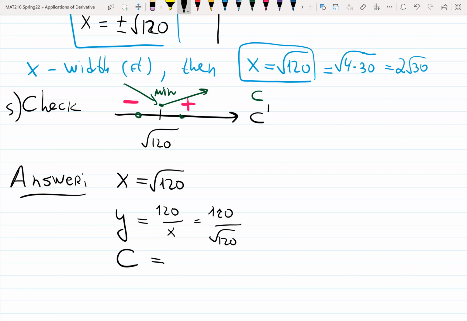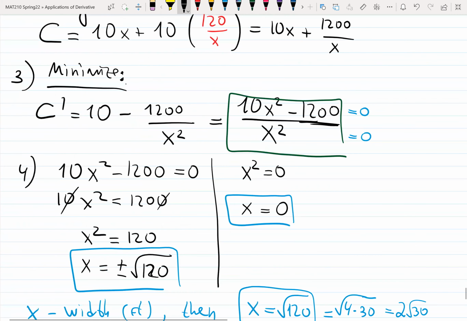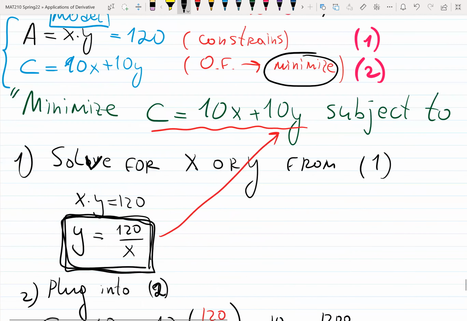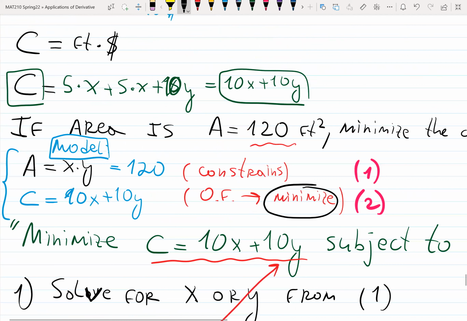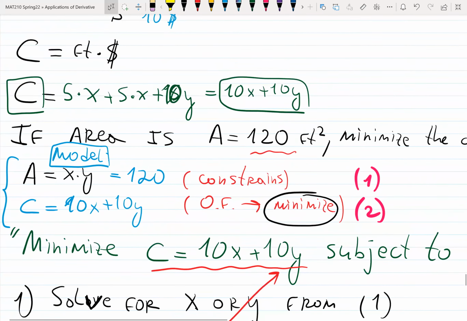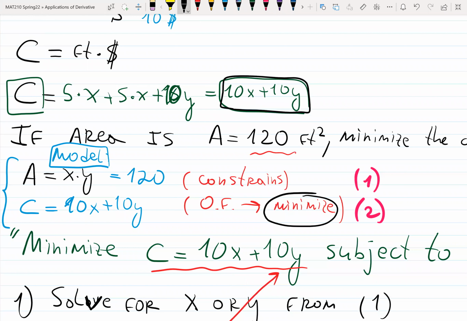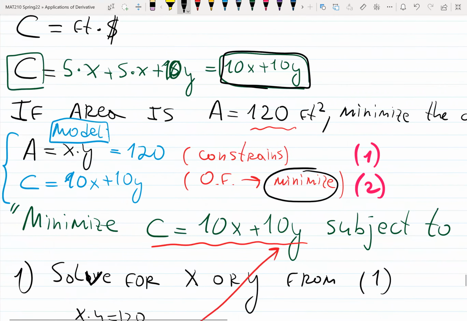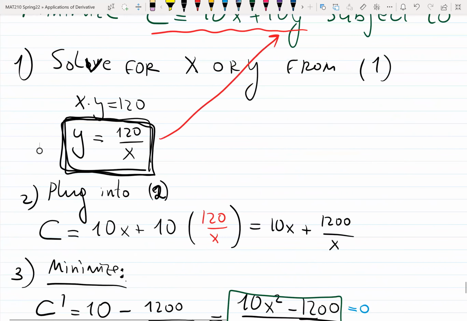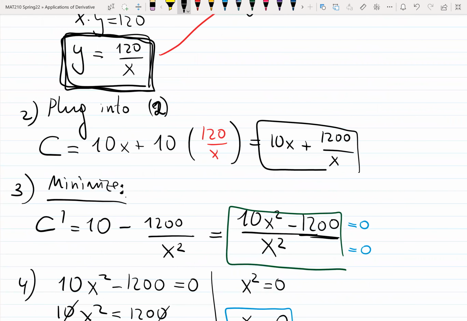You can simplify it if you want. Doesn't really matter to me. Finally, what is the cost function? Go back to the table. That's why I like putting things in the box, and that's why I recommend you to do the same thing, because then it's easy to find them. You see, 10x plus 10y, or you can actually use the original. You can use this one also. That's also fine.